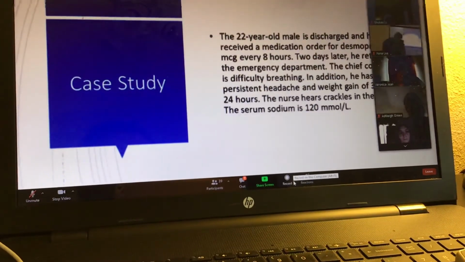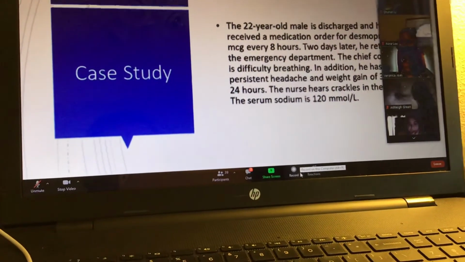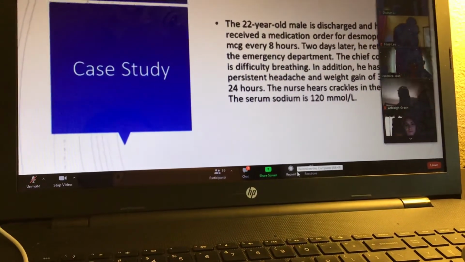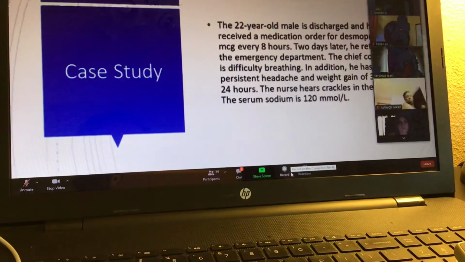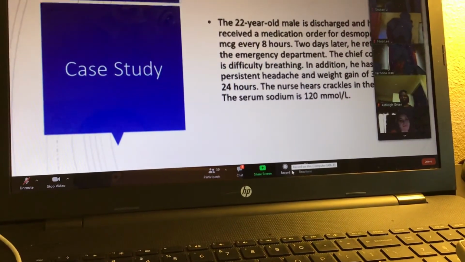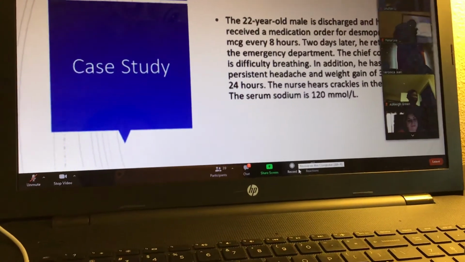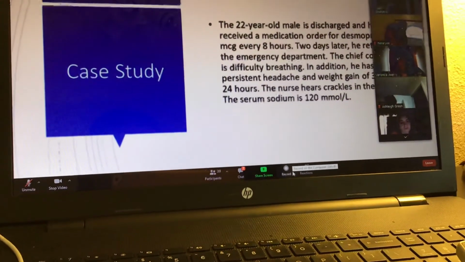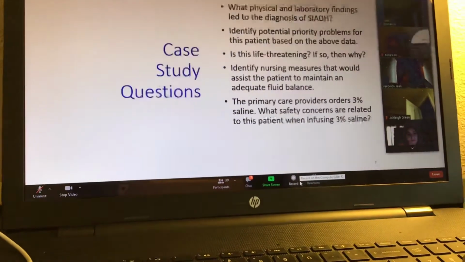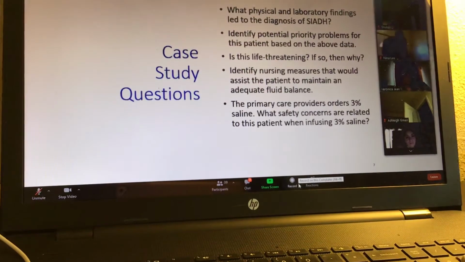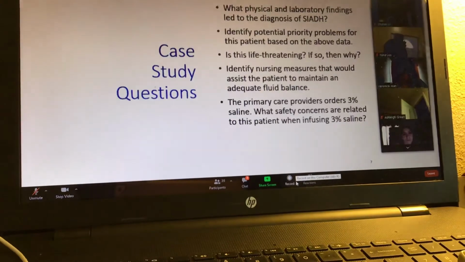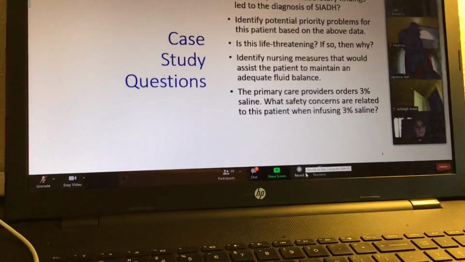All right, this is the same patient. You're talking about SIADH, this is a fluid volume overload.